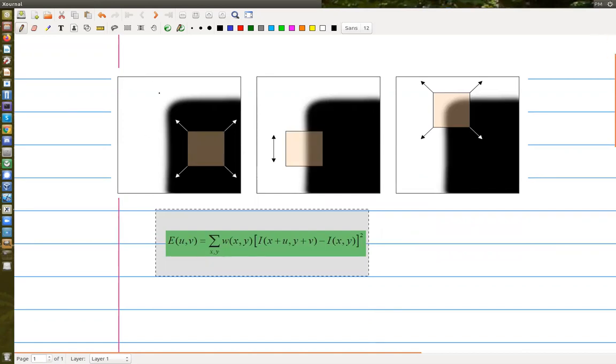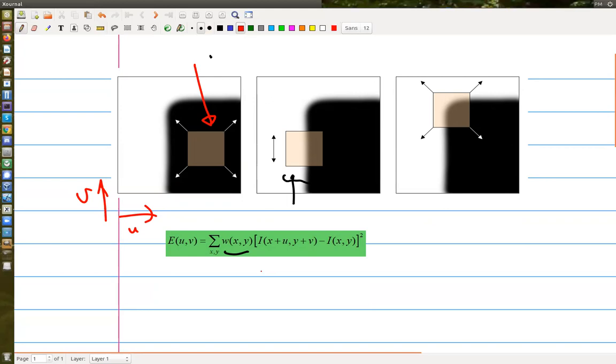What we are saying is that W of X, Y is basically this window here. Now, for different U and V values, maybe I should use a different color. Say this is the U direction and this is the V direction.